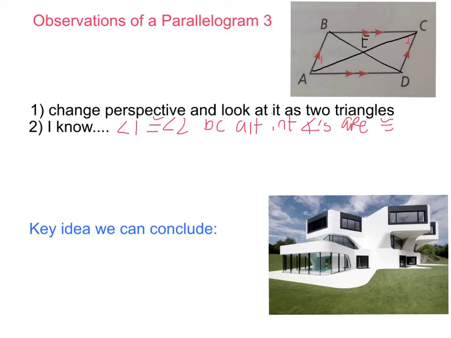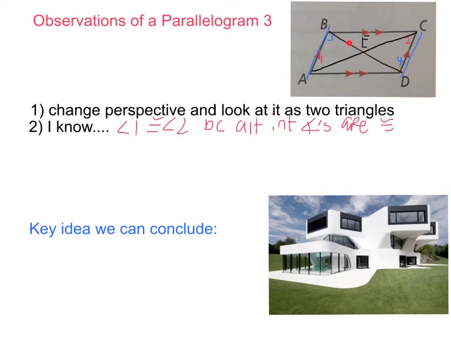And that makes sense. Now, we're going to look at this from a different perspective. I want you to look at the same two parallel lines, AB and CD, but this time I want you to look at BD as the transversal. So now let's suppose that we're looking at angle 3 and angle 4. What kind of angles are those?